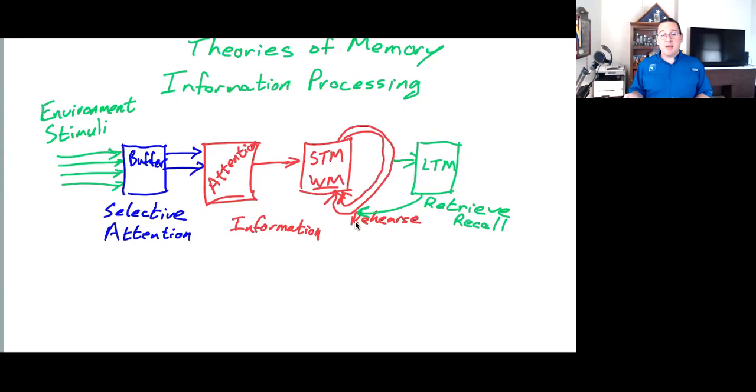Some of you who are good with trivia might get into the practice of hearing something over and over again, putting it in your long-term memory, and retrieving it when you're asked a certain question at a trivia event or something like that. So that's the information processing model that we look at in terms of storing and encoding.